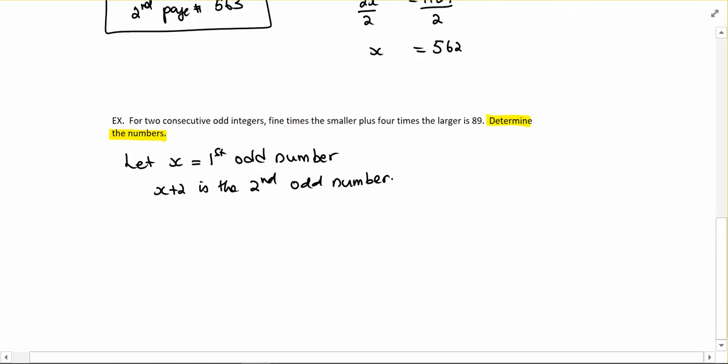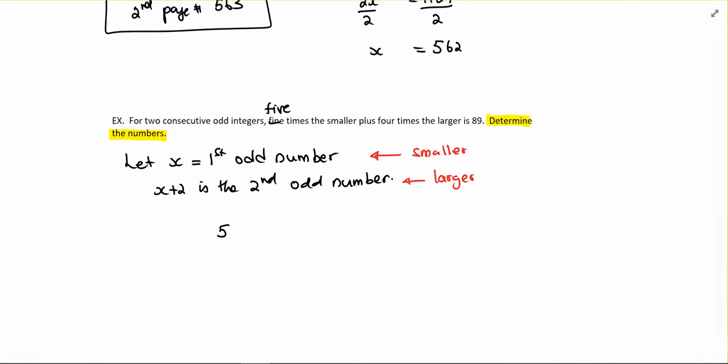Now, what is it telling me? 5 times the smaller. Well, the first odd number is the one that's smaller. And the second one is the one that's larger because you're adding 2 to it.